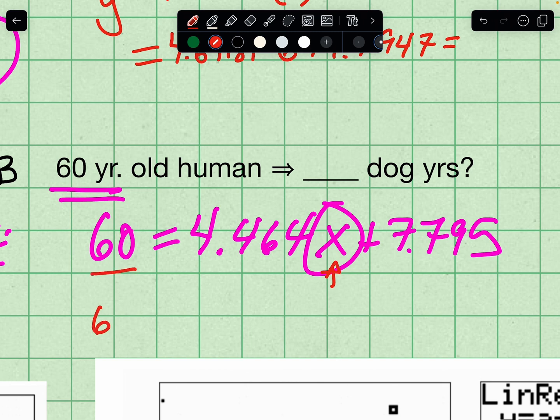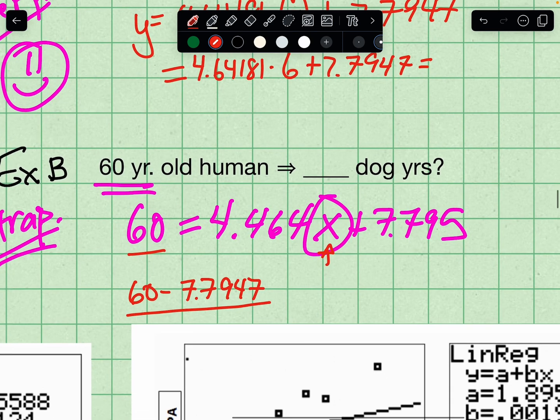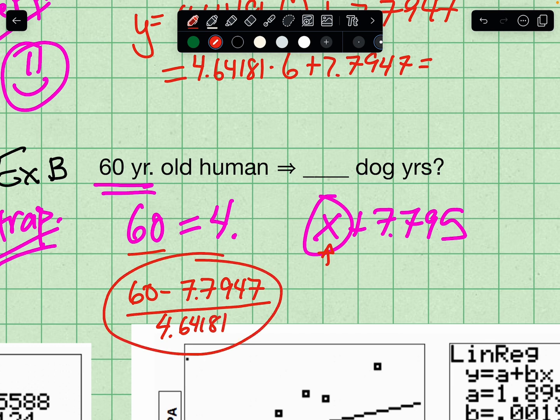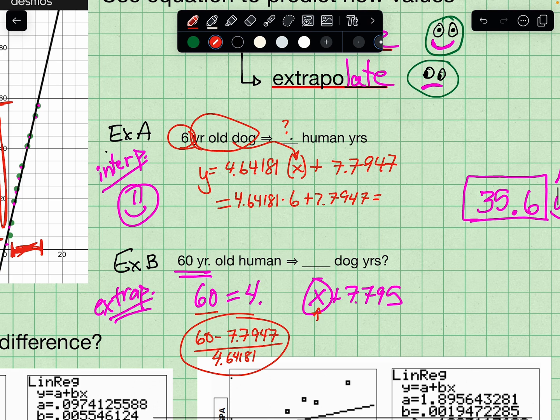To do this, you're going to take 60 minus 7.7947 and then divide the result by 4.64181. Ugh, I wrote that down wrong. Okay? See what that gives you.